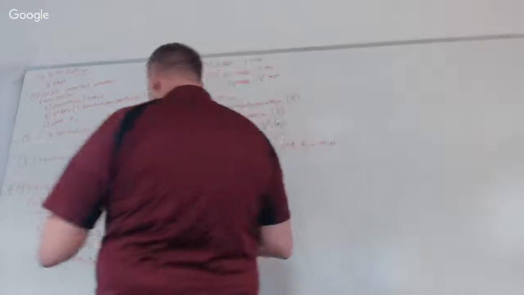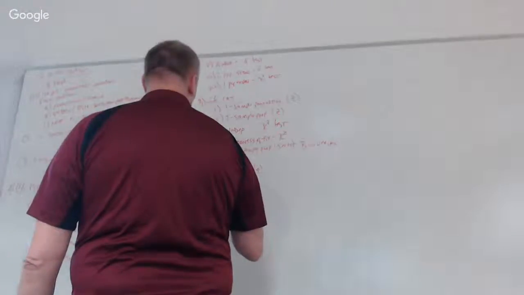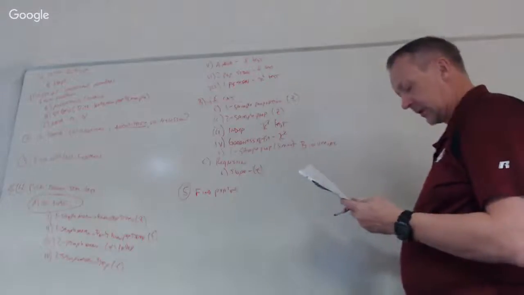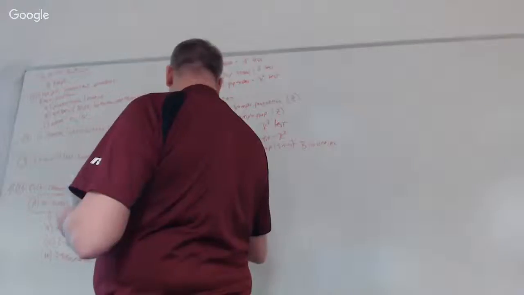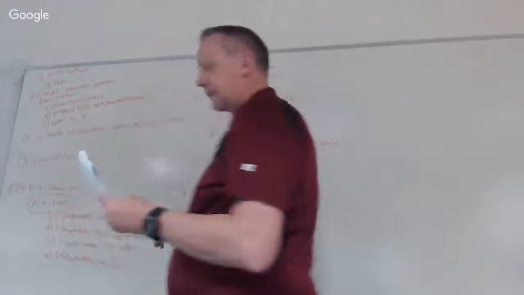Step number 5 is to find the p-value. Okay? Step number 6, compare to your alpha.